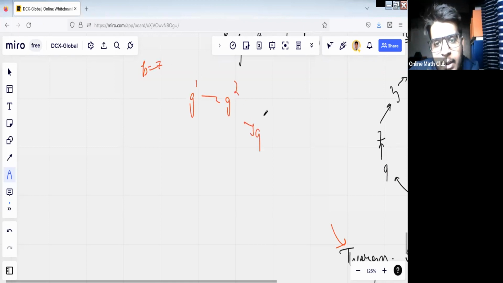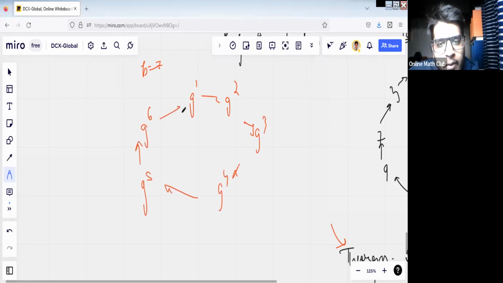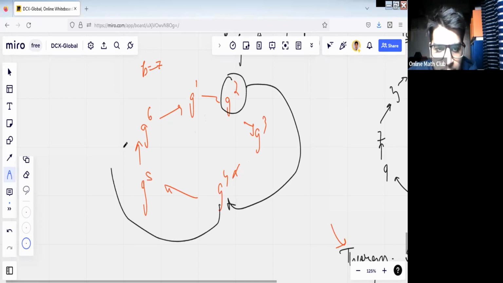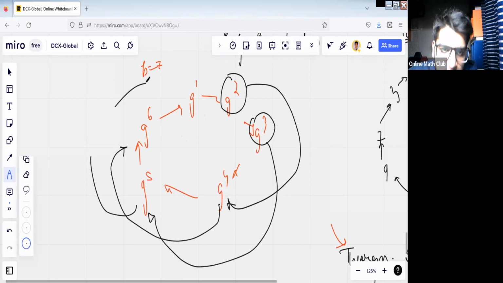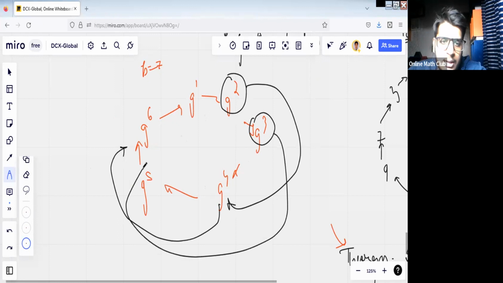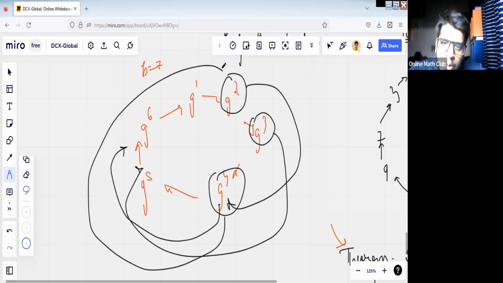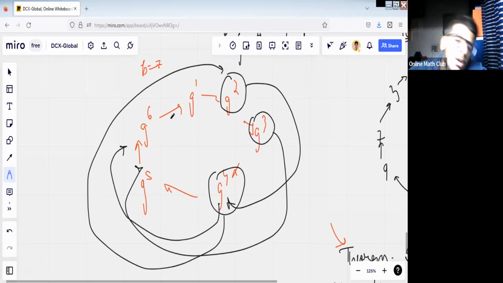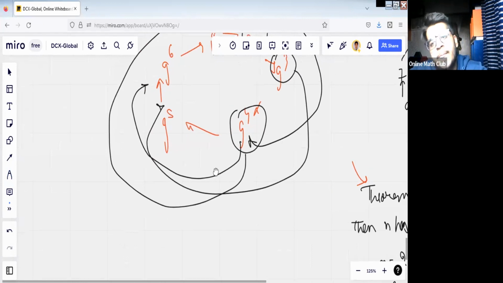Then you have g to the power 1, g to the power 2, g to the power 3, g power 4, g power 5, g power 6, and then you have 1 again. Now when you consider the orbit of g to the power 2, it goes to 2, then 4, then 6, right? For 3, it's g to the power 3, then directly goes to 6. 4 goes first to 2 and then 6.